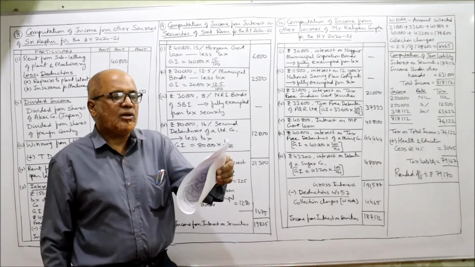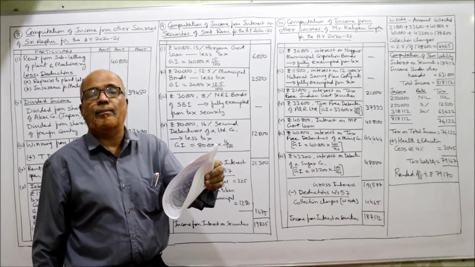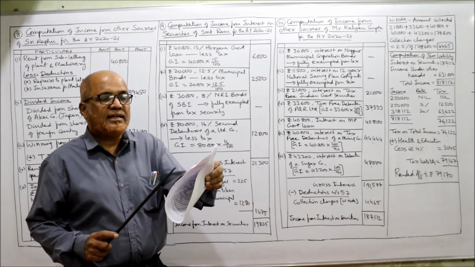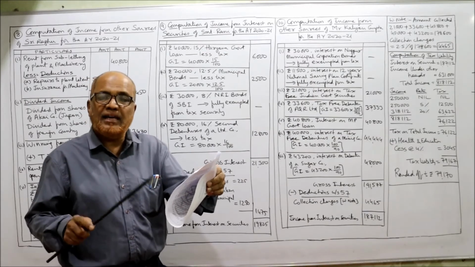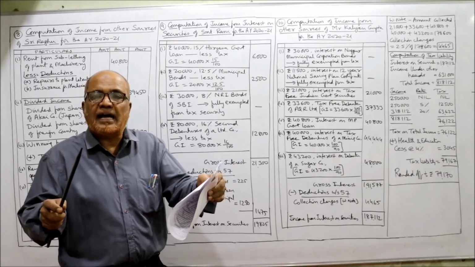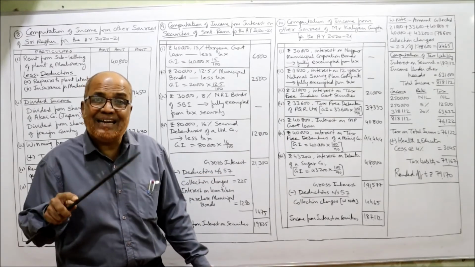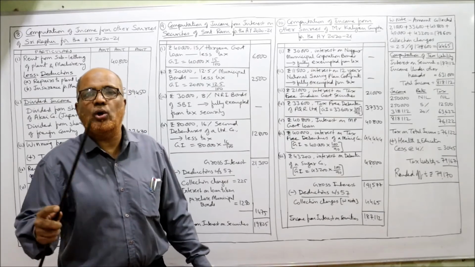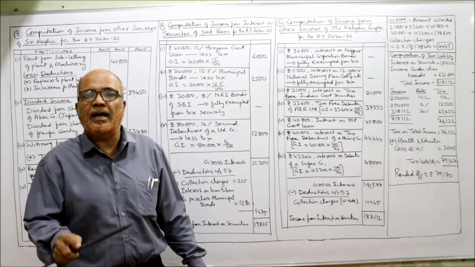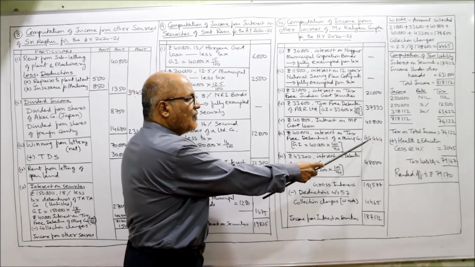Next, 40,000 interest on tax free debenture of a mining company. Mining company means commercial. So it's a tax free commercial security. Interest received is the net interest. Now we have to gross it up. Multiply 100 by 90. So 40,000 into 100 by 90.